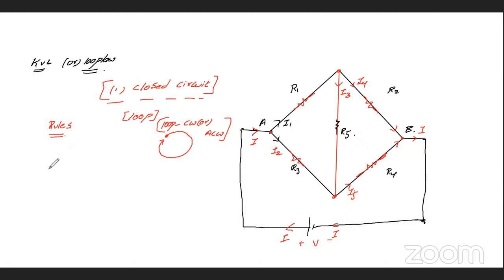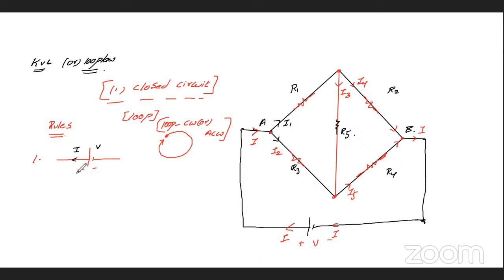Let's see. The 4 rules are important, and they are simple. First, we'll start with the voltage. Here this is your voltage, with the plus terminal and the minus terminal. Voltage current travels from positive towards negative.